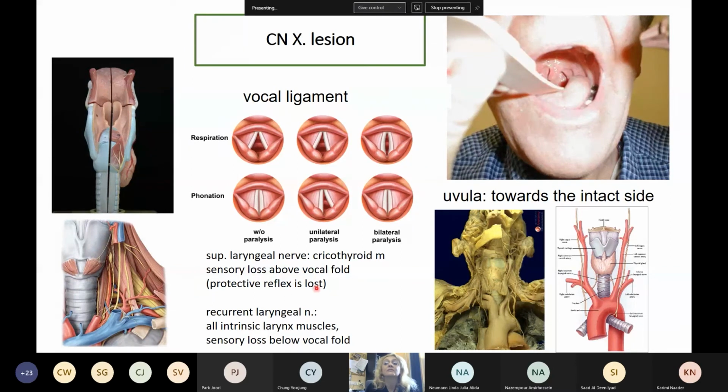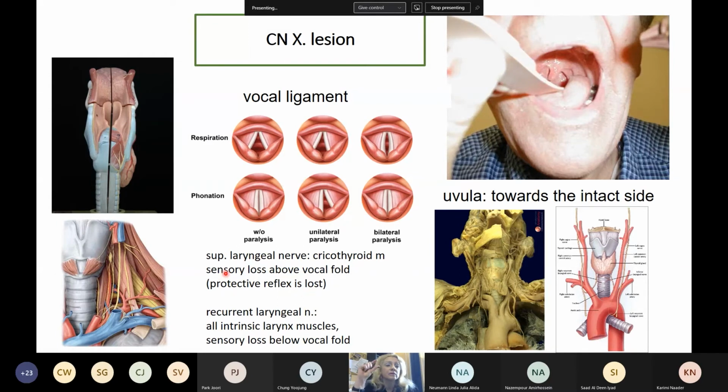So if this nerve is lesioned, it can also happen in thyroid surgery, for example, then the cricothyroid muscle will be lost, will be paralyzed, so the tone of the voice can change, and the protective reflex is lost. What do I mean by this?